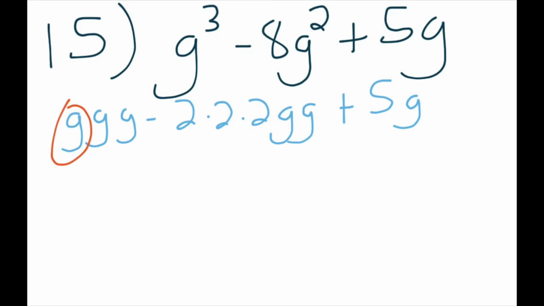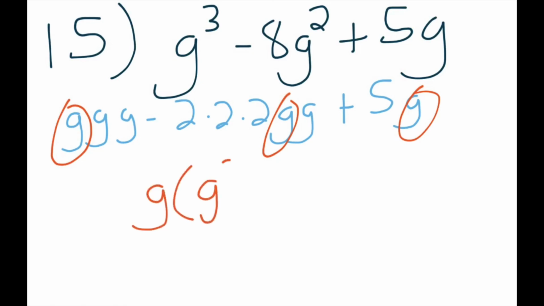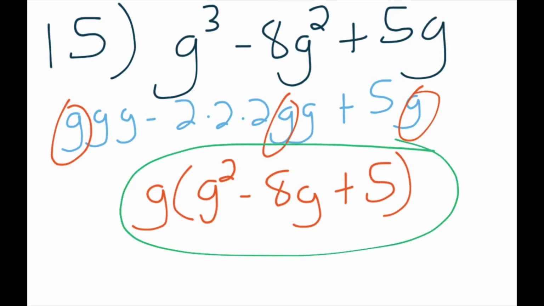I can see that I have a g in common for each one. So my GCF is g, so that's going to go on the outside. Then I have g squared minus 8g plus 5. Now, if you'll notice, I do have a GCF of 1 here, so I could see if I could factor just this part again.